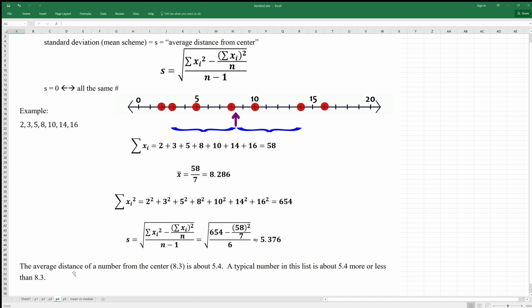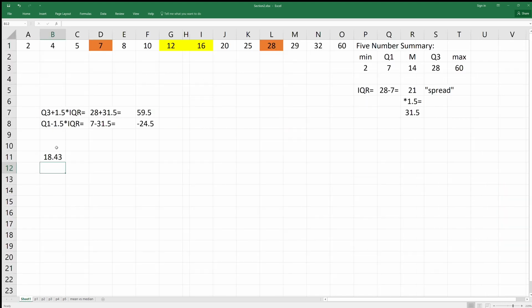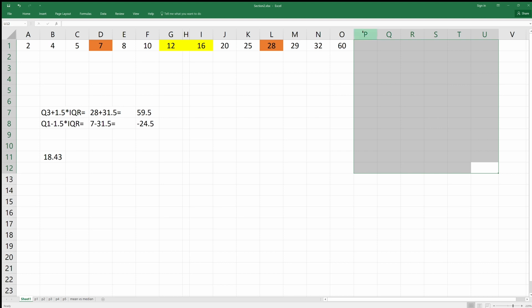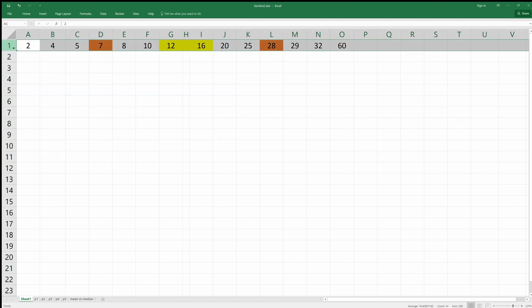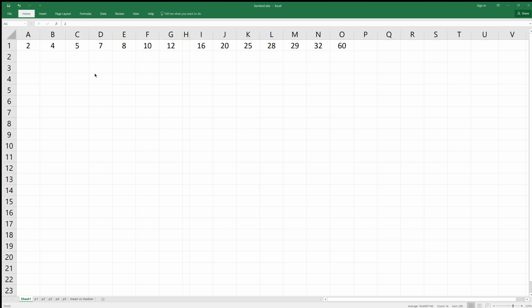So we'll do this example in a second, but let's start out with the one we were talking about here. Now we don't need this, and we don't need this, and we don't greatly need the highlighting either. So there we are, and we could make it a little bigger.